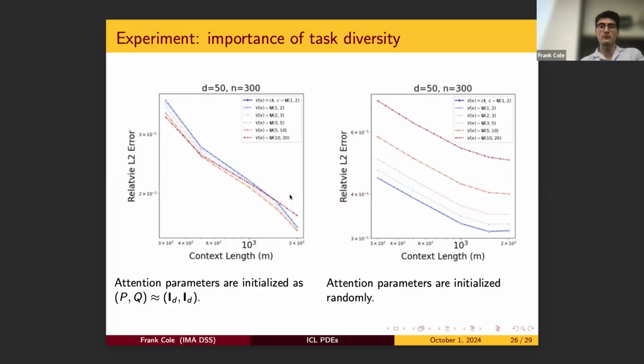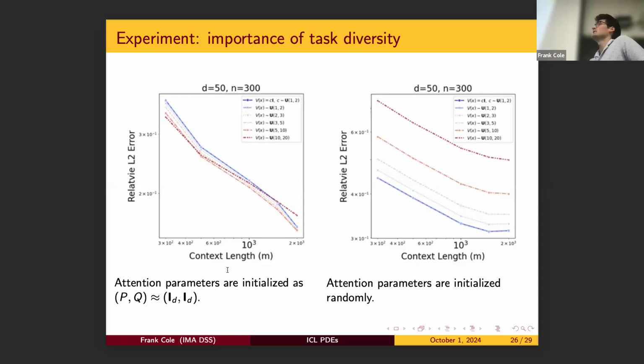The two plots show basically the same experiment, but with two different initialization schemes for the transformer. The first initialization scheme initializes the attention matrices around the identity matrices. In this case, we expect, as I mentioned, that the cases where you won't generalize out of distribution are where P and Q memorize the common diagonalization of the task distribution.